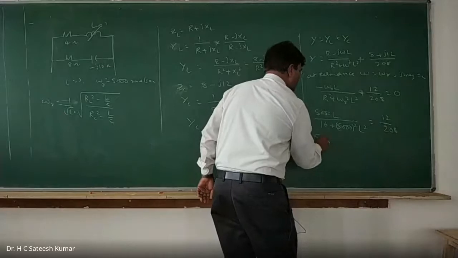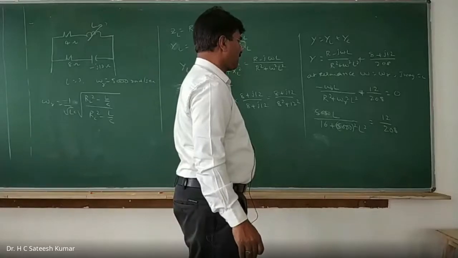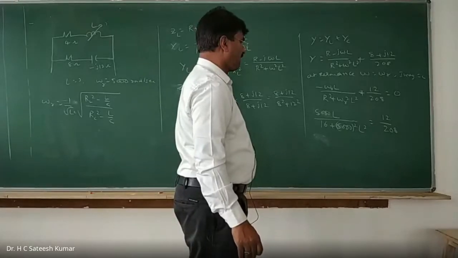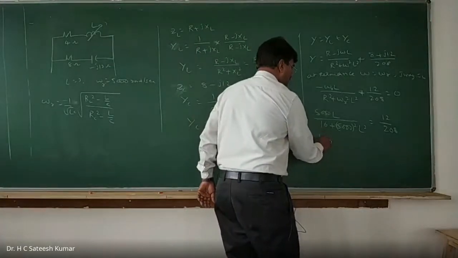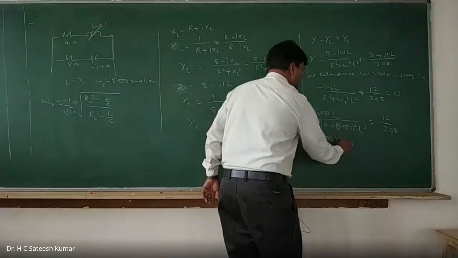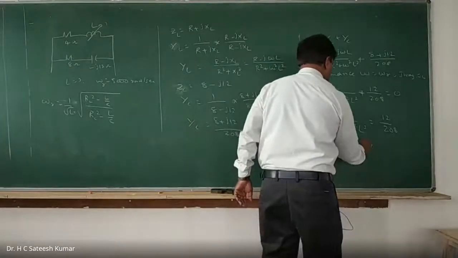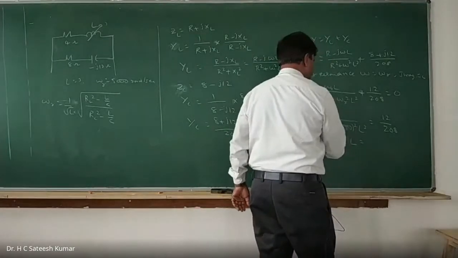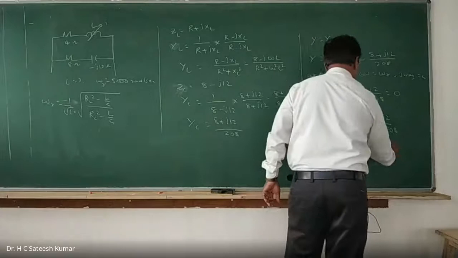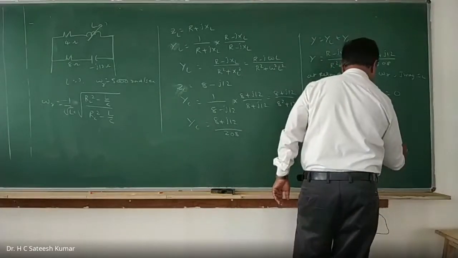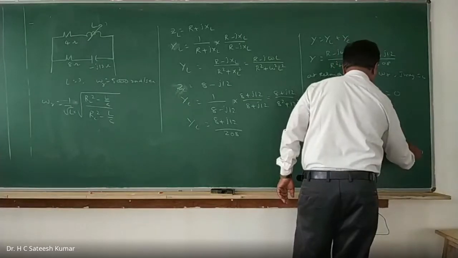5000 into 208, how much is it? 1.04 into 10 power 6 L is equal to 12 into 16, 192, plus 5000 square into 12, 300 into 10 power 6 L square.